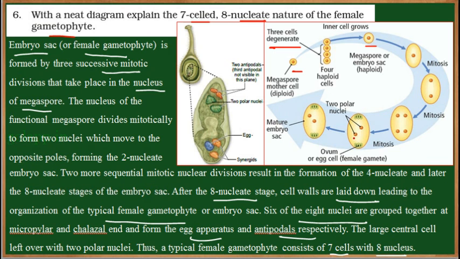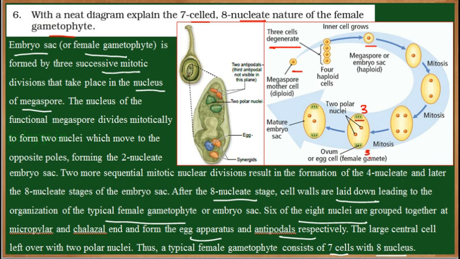Now the 3 nuclei present towards the chalazal end will develop into antipodals. So here 3 are there, and near the micropyle 3 cells would be there. It will have 1 egg cell at the center and 2 synergid cells.